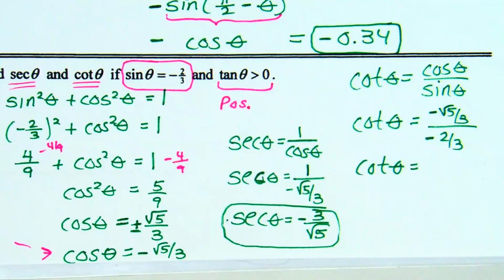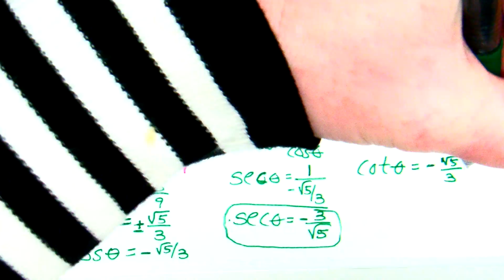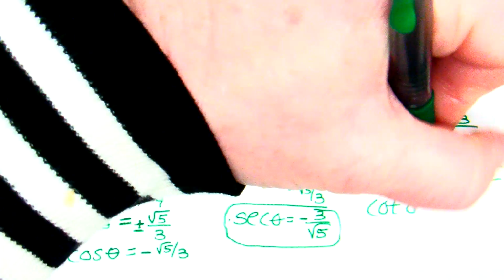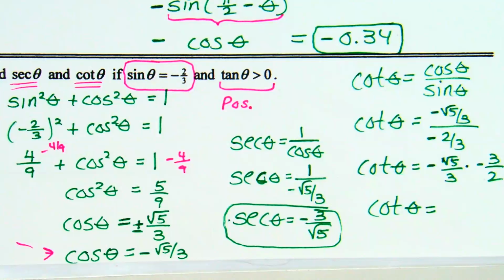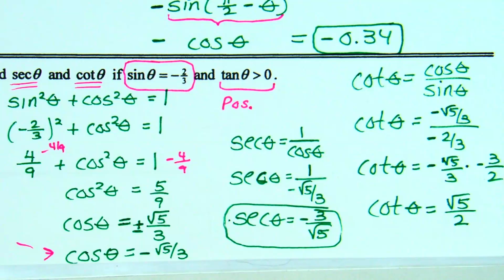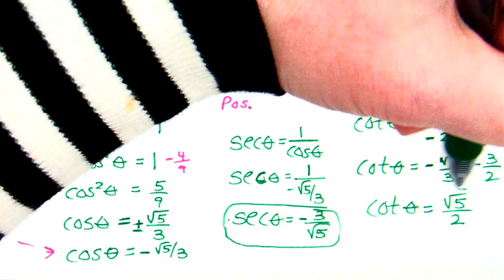Multiply by the reciprocal. Keep change flip. So this is negative square root of 5 over 3 times negative 3 over 2. Which ends up giving me what? Square root of 5 over 2. Because 3's cancel, and negative times a negative is a positive.